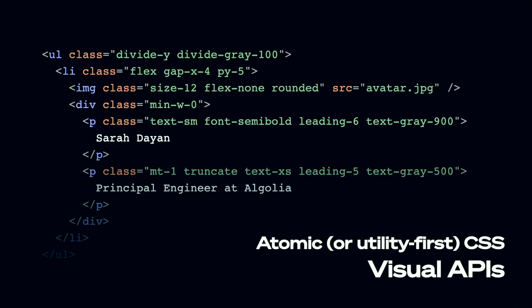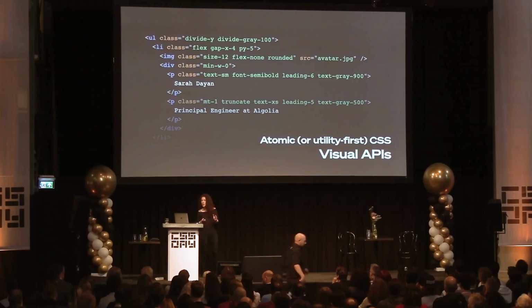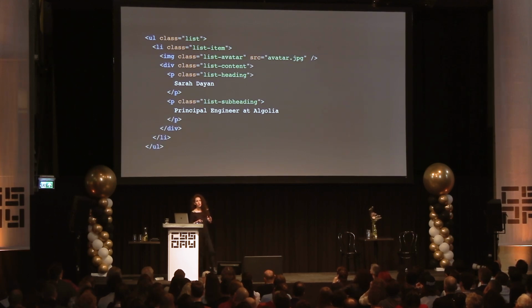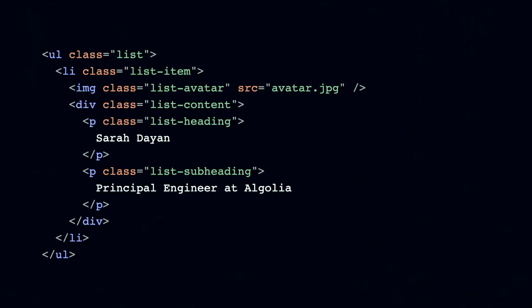In atomic CSS, you treat CSS abstractions as a way to build highly modular visual APIs that you can consume at will. It focuses on what things look like. It opposes itself to semantic CSS, which favors composing complex abstractions in CSS.